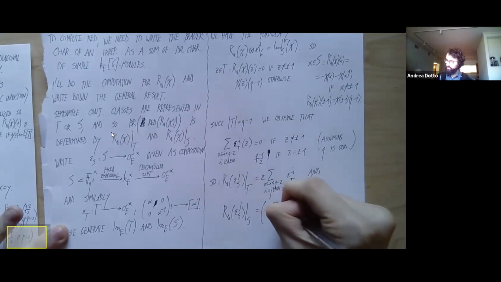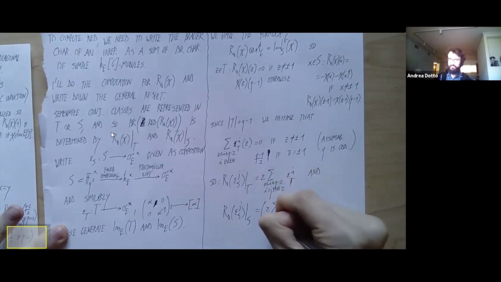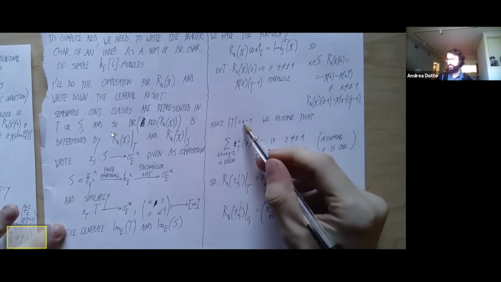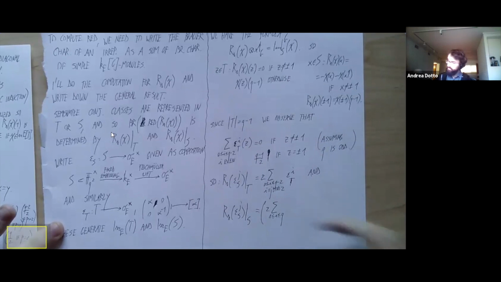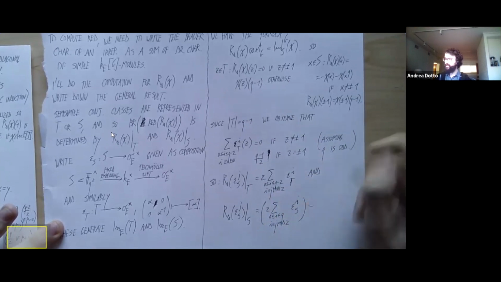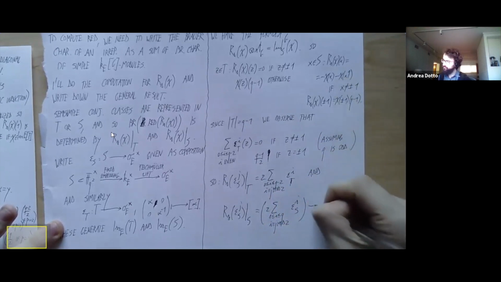So here you get the same expression, except that now you need to go up until Q, since now the torus has cardinality Q plus 1. And then you again take I congruent to J mod 2. Epsilon I of S. And then you add the contribution that you needed.